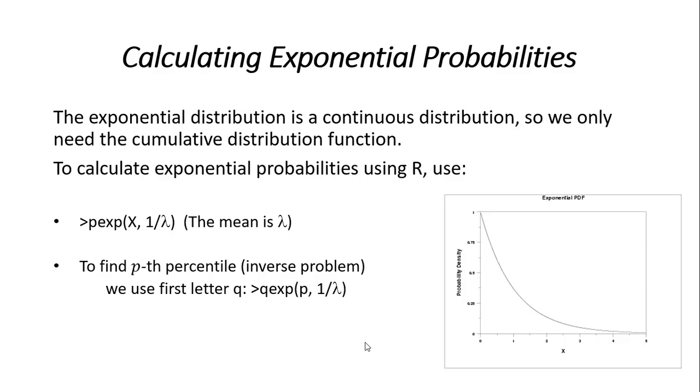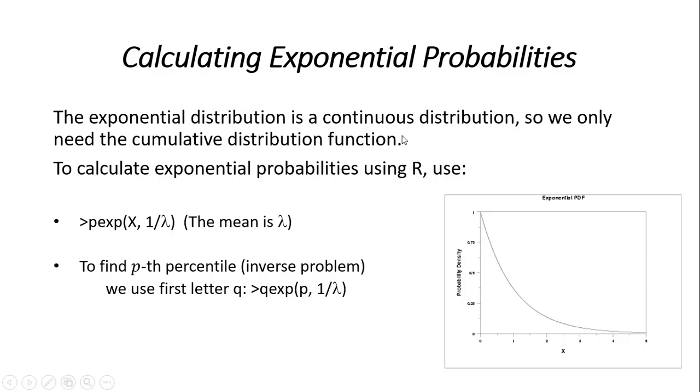All right, now shifting gears slightly to continuous distributions, let's start by looking at the exponential distribution. We know the exponential is a continuous distribution, so for the most part, we only need the cumulative distribution function. We don't need to use the exact.